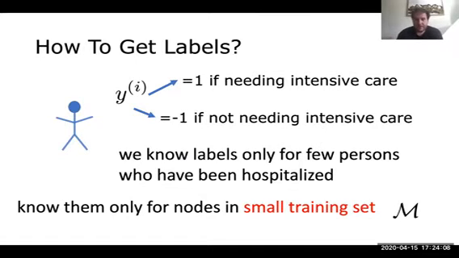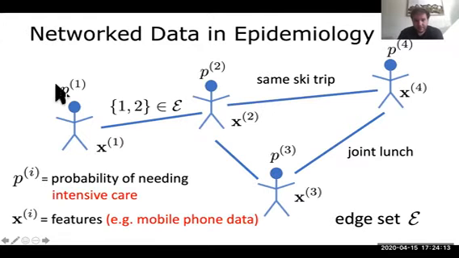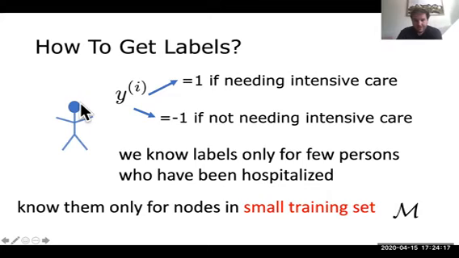And also, this label information is not exactly what we would like to estimate. What we would like to know is the probability of needing intensive care. However, in hindsight, when we look at the hospitalizations, we only know if a person needed intensive care or not. So we only know this hard data, or quantized data.